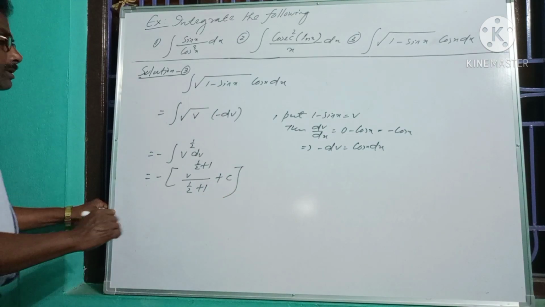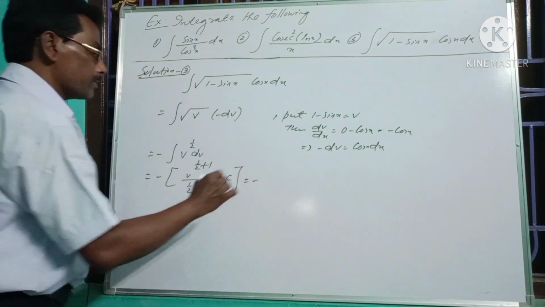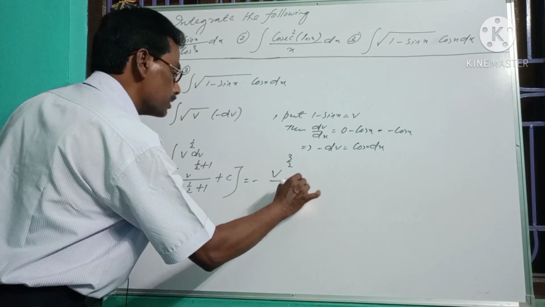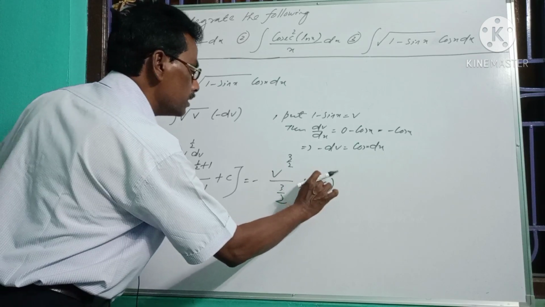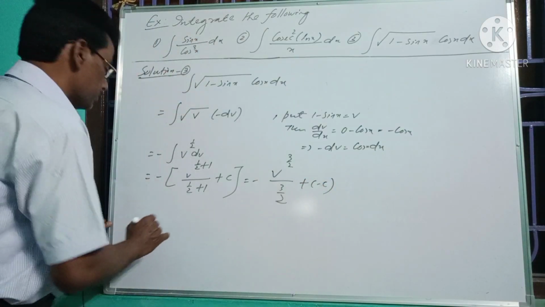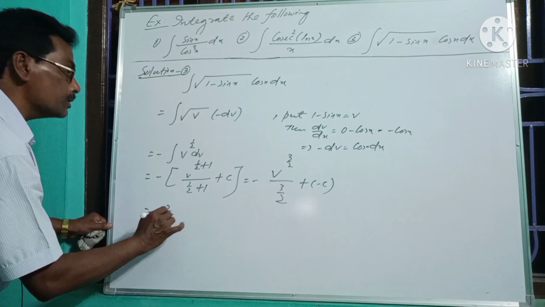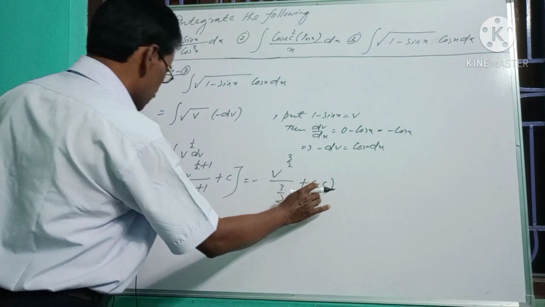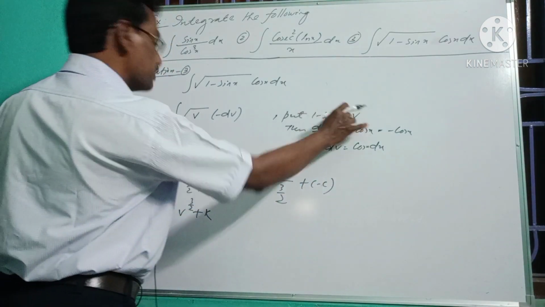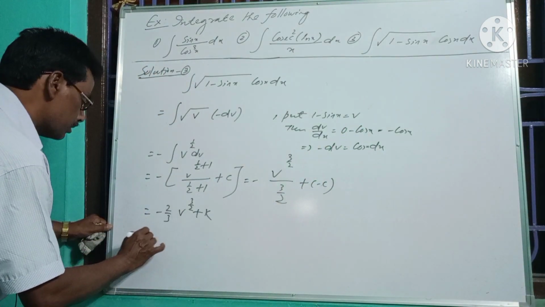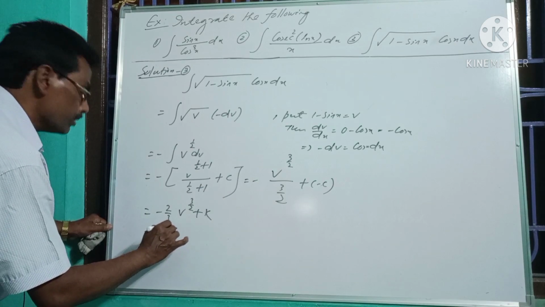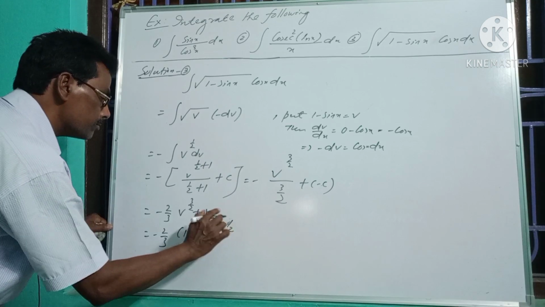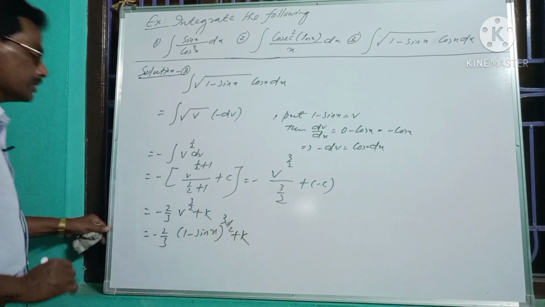Simplifying, we have minus v to the power 3 by 2 by 3 by 2 plus minus c, multiplying minus with c. So we have minus 2 by 3 into v to the power 3 by 2 plus k in place of minus c. Now replacing v as 1 minus sine x, finally we got minus 2 by 3 into 1 minus sine x to the power 3 by 2 plus k. So hence the integration is now over.